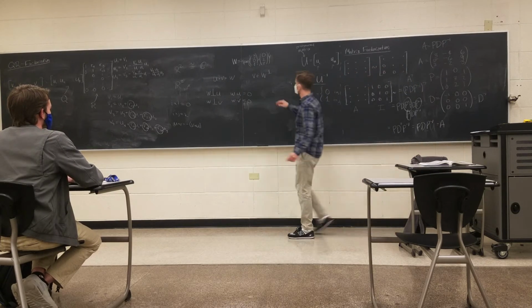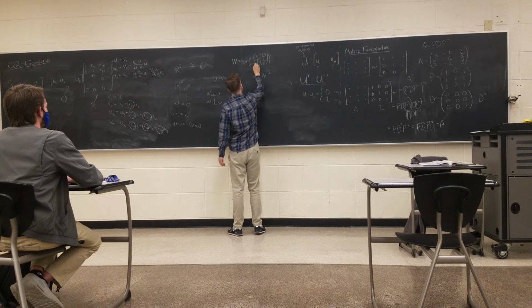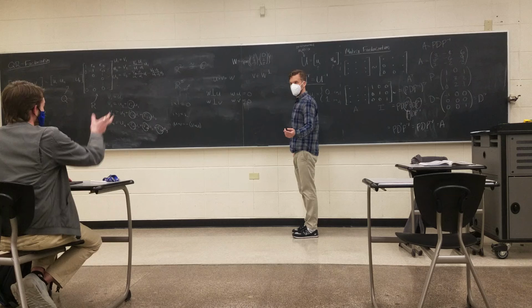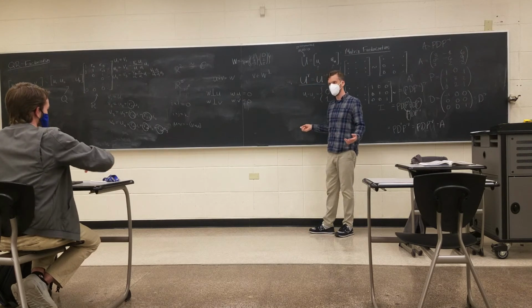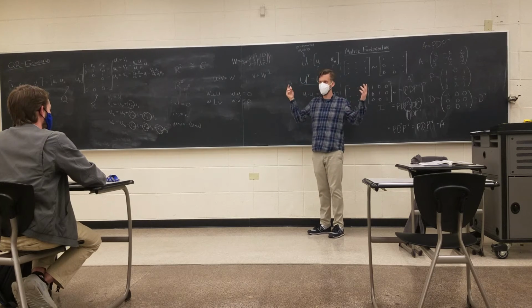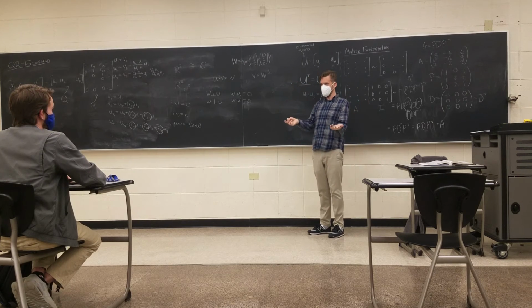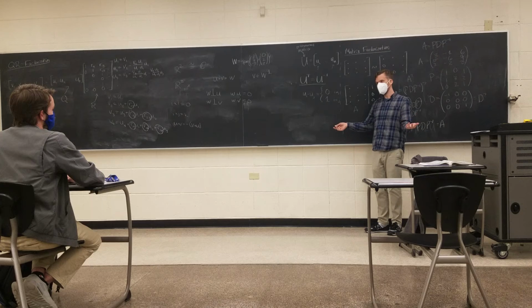So it was (1, 3, -3) transpose, you look at the null space. Okay, taking the transpose and doing the null space, I could follow these directions, certainly. I know how to take the transpose, I know how to find the null space. But why is that what I'm doing?